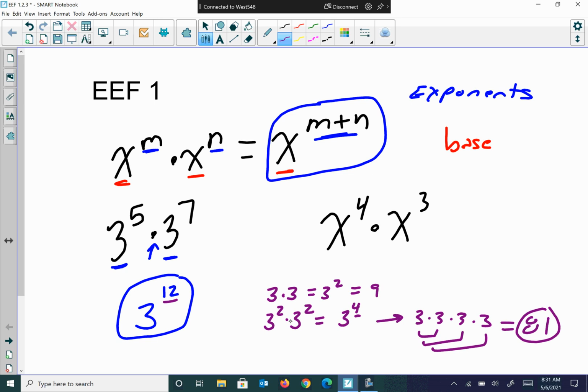Well, I kind of sort of did. Okay, so this is the same thing. 3 to the 12th is 1, 2, 3, 4, 5, 6, 7, 8, 9, 10, 11, 12. So if I were to multiply this whole thing out all the way across, it would be some huge number.